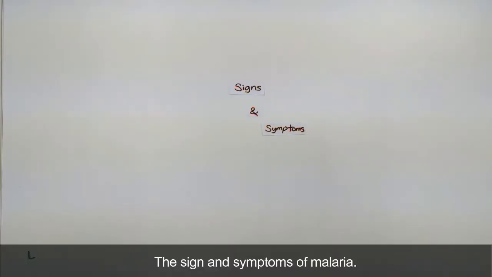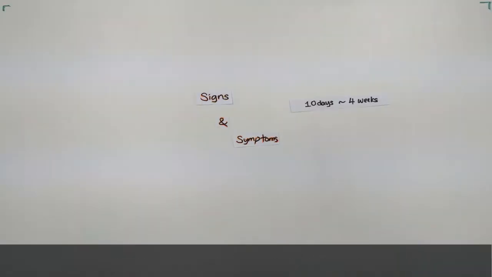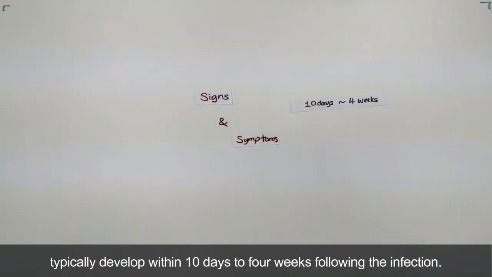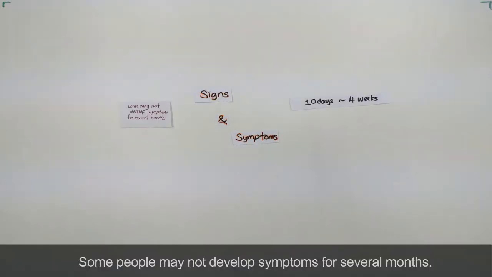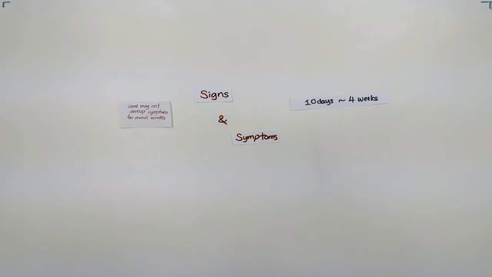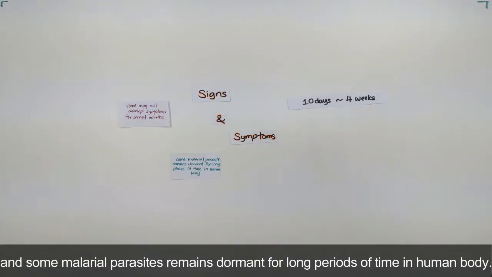The signs and symptoms of malaria typically develop within 10 days to 4 weeks following the infection. Some people may not develop symptoms for several months, or some malaria parasites remain dormant for a long period of time in the human body.